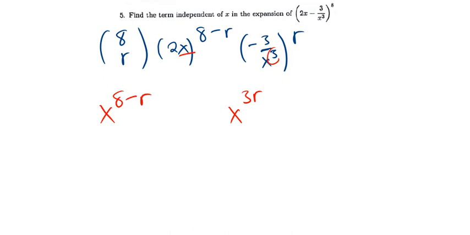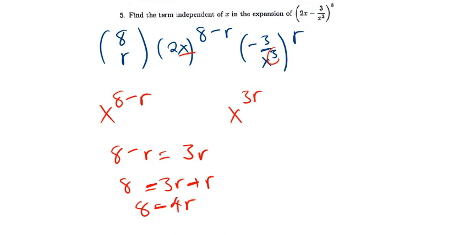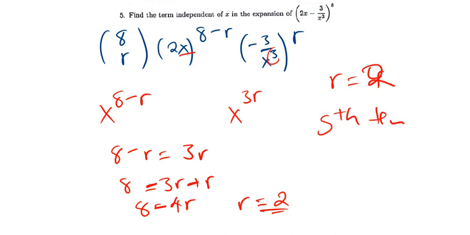So that's going to be 8 minus r is equal to 3r, and then 8 is equal to 3r plus r there, and that gives us 8 is equal to 4r, and then r becomes 2. So r is equal to 2, which can be called the third term.